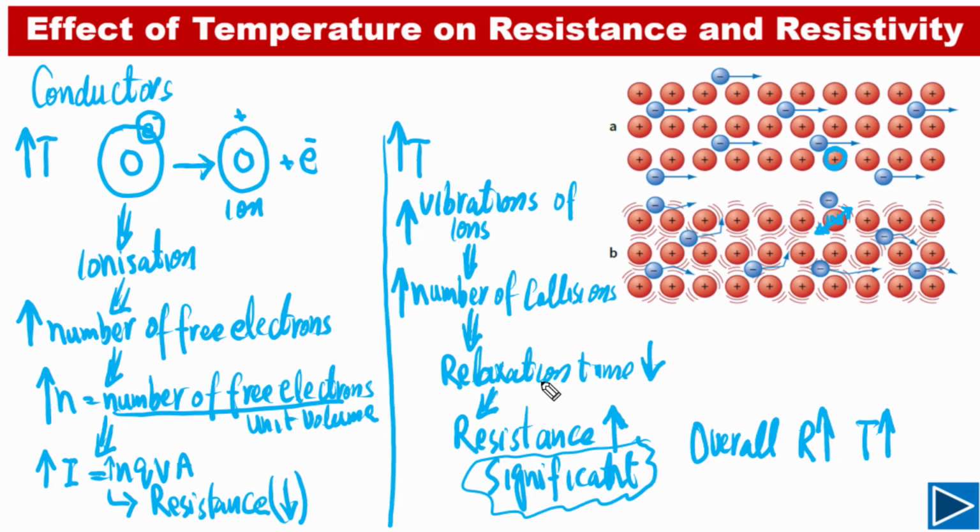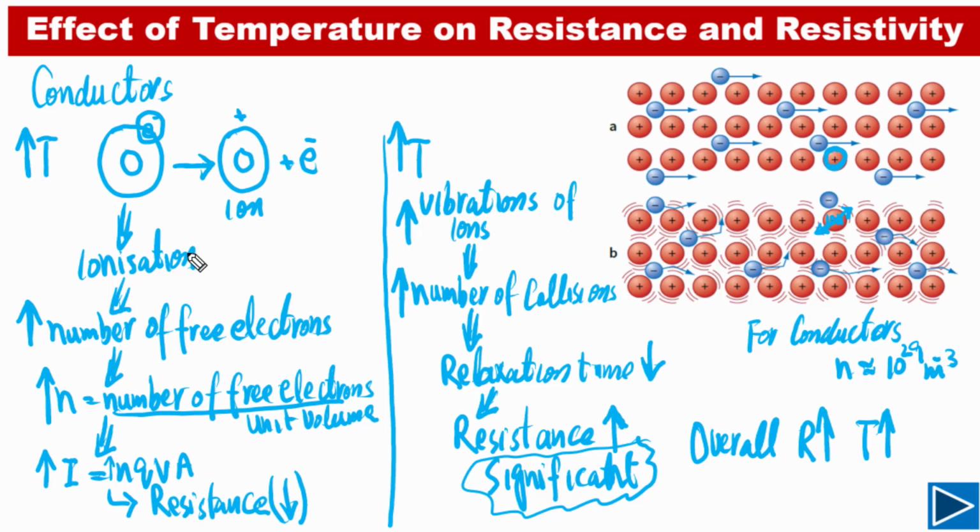Now maybe you have a question in your mind: why is resistance not decreasing due to ionization? The reason is that for conductors, the value of n is very high. Metals are good conductors because n for metals is approximately 10^29 free electrons per unit volume.